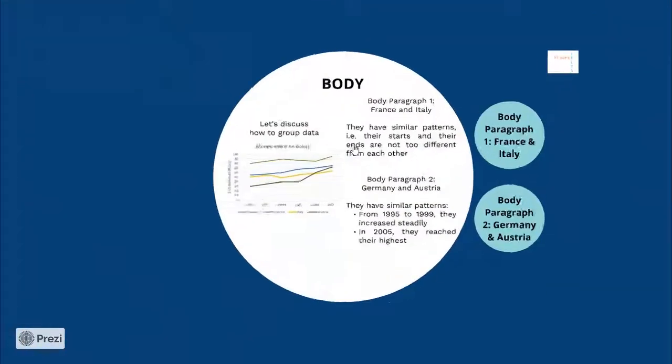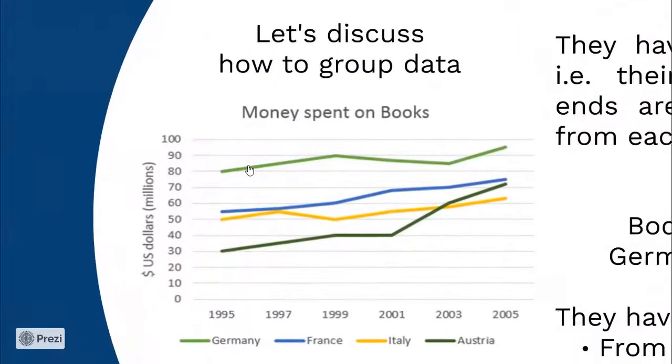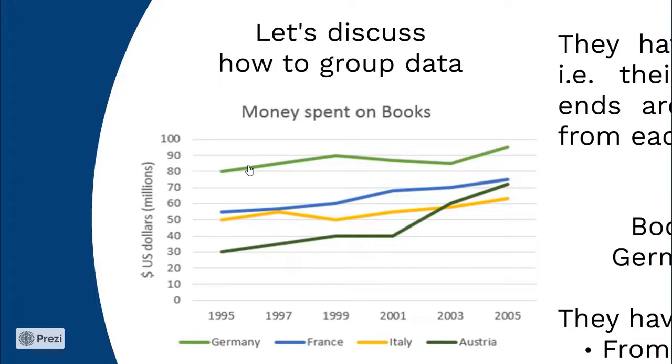How to write body paragraph. As I said previously, to write body paragraph, we have to group the data. For example, as we can see, France and Italy's expenditure started around the same. For France it is more than 50 millions, and for Italy it is 50 millions.